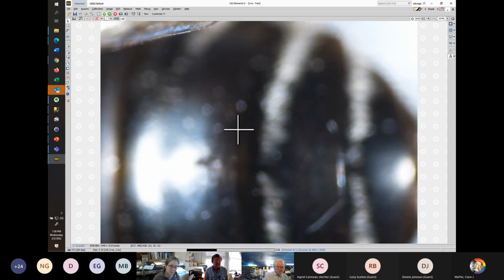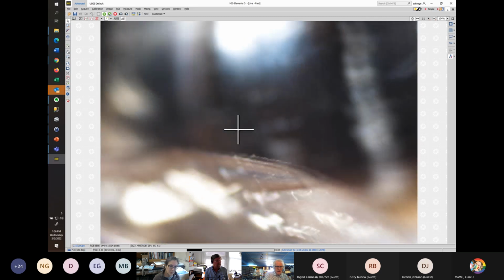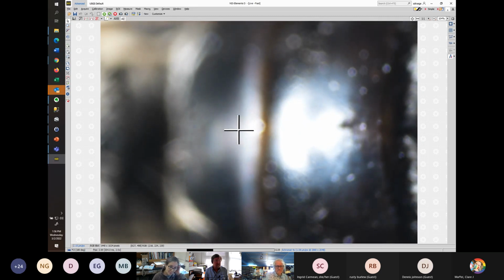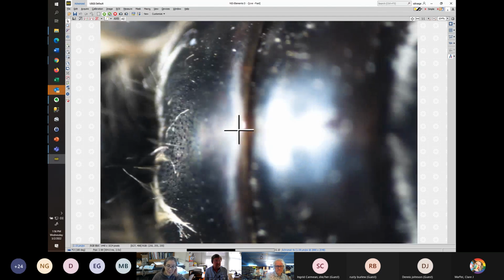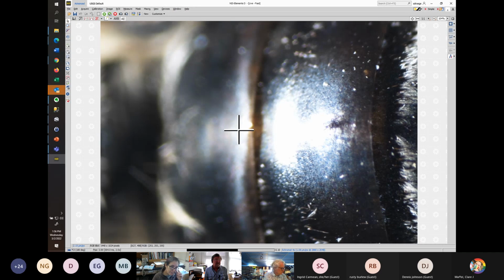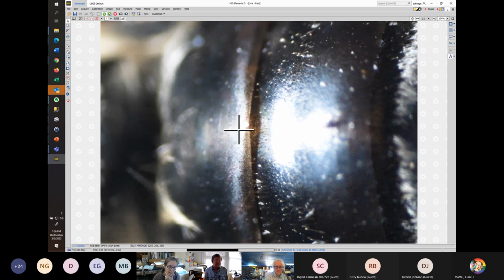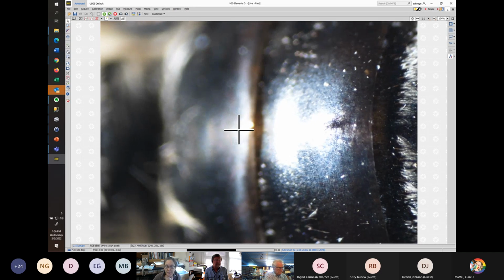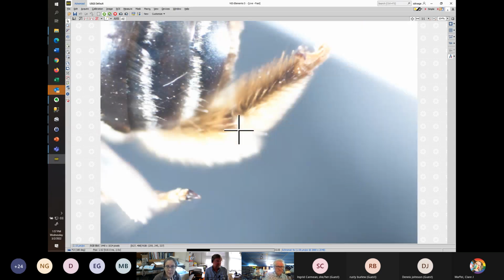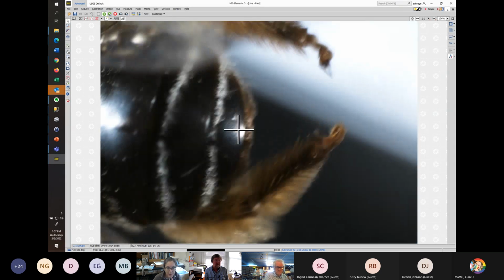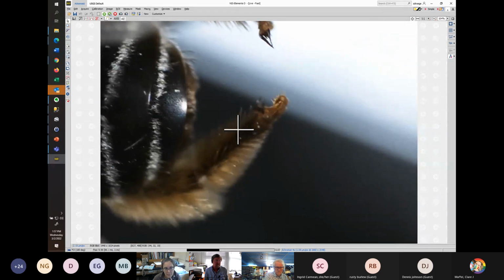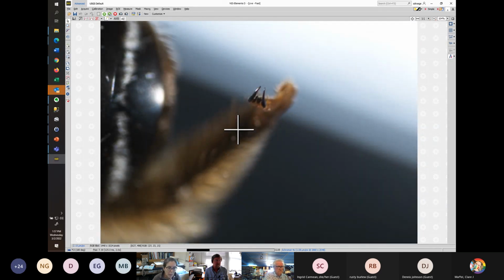So how is that contrasting with elatus, or is it not at this point? It's not. Those are both of them. I don't remember the way Laberge has them apart in the key is again back down at that interruption of T4, and they both have a small interruption of T4, and it looks like your specimen there might be very worn.